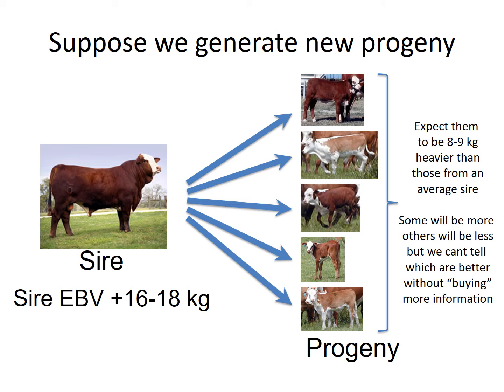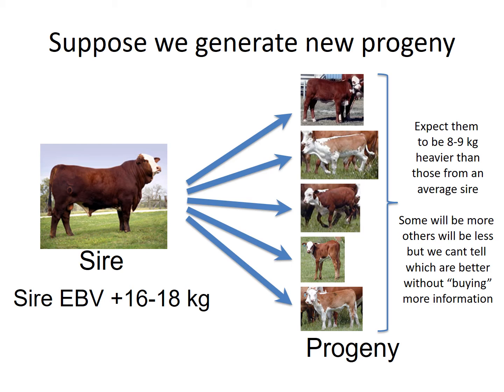So if that bull had an estimated breeding value of somewhere in the range of 16 to 18 kilos, and we were to generate new progeny from that bull, then I could tell you that I expect half of that superiority to be passed on. So I would expect a new crop of offspring of that bull to average 8 to 9 kilos heavier than those from an average sire.